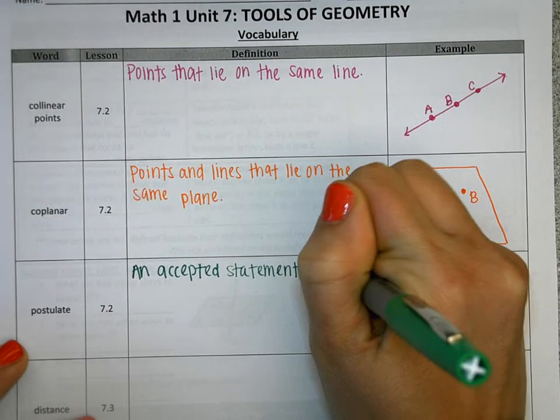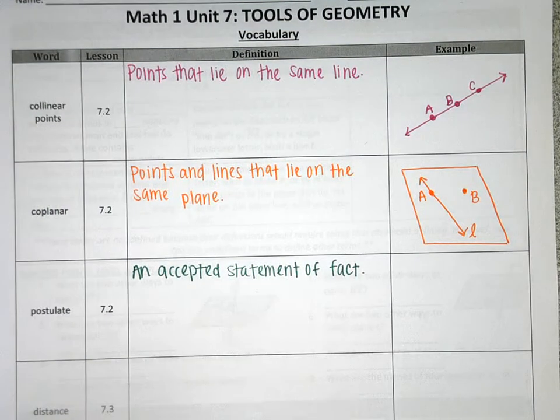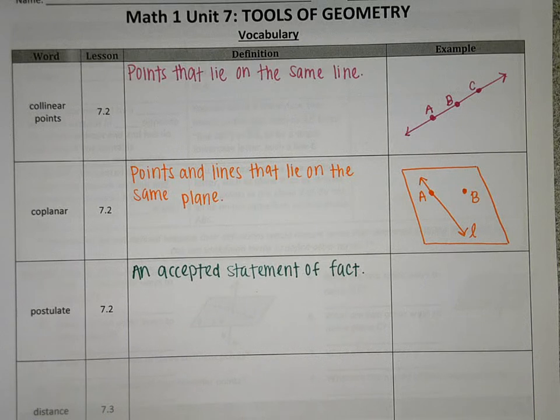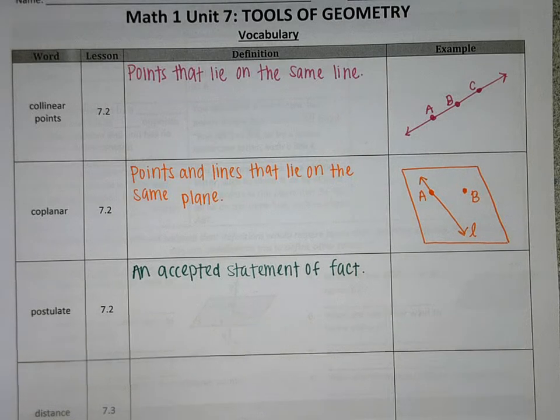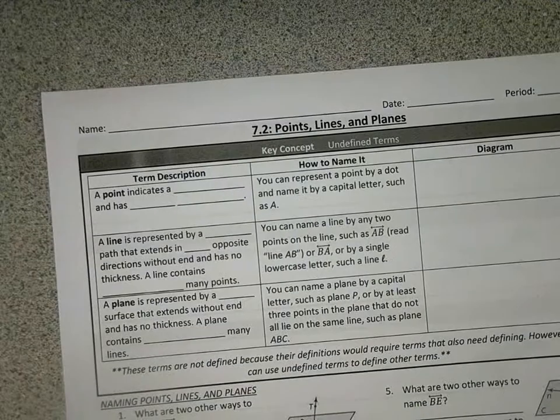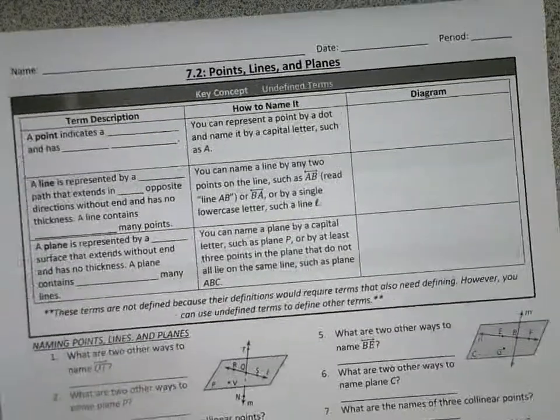I don't have an example for that, and it's going to be the only one we don't have an example for, but an accepted statement of fact. So it's something that we assume as mathematicians is true, and we just kind of accept that it's a true statement. Okay?